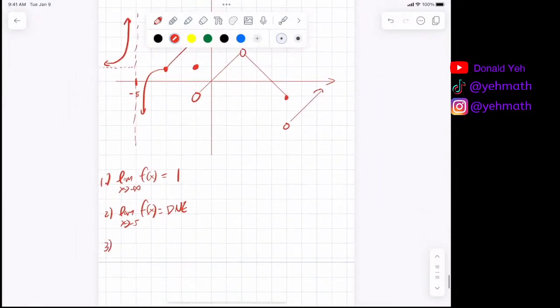So I can probably ask the third question: the limit as x approaches -5 on the left side. What do you think that is, Devin? Devin, what's -5 from the left side? Infinity, yeah, good. And I can ask you question 4.